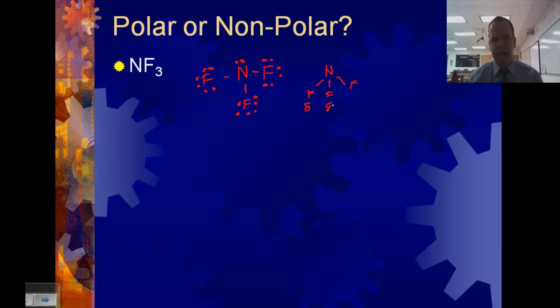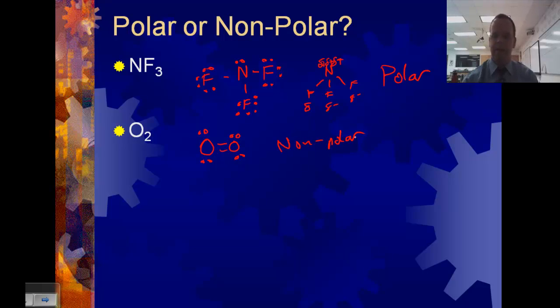So we get our negatives down here and our positives up top. So this is polar. O2. This has a nonpolar or pure covalent bond. It doesn't even have a polar covalent bond. So there is nothing partially positive and negative in the molecule, so we definitely have a nonpolar molecule.